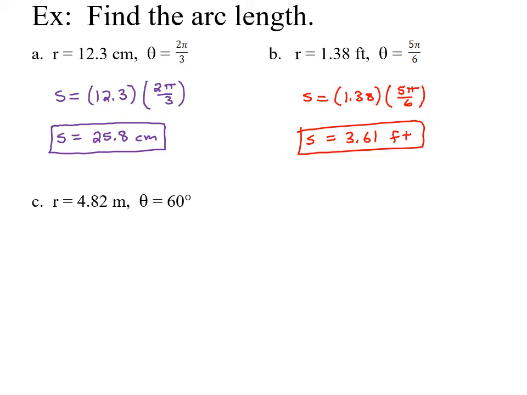Now part C has an issue, and that issue is my angle. It's in degrees. I can't have an angle in degrees. I have to have it in radians. So I have to pause on this one and say that I have to take this 60 and multiply it by pi over 180. And 60 goes into 180 exactly 3 times. So I'm going to use pi over 3 for my angle and say that S equals R, 4.82 meters, times pi over 3.